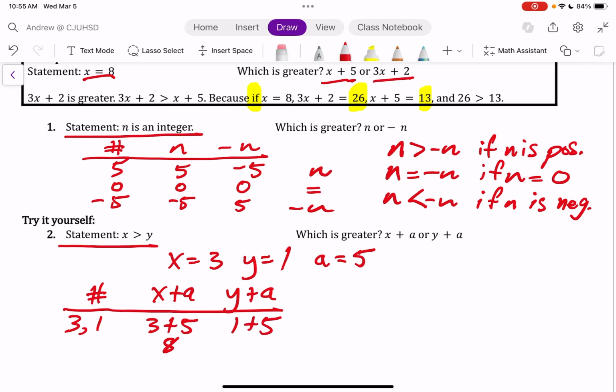So this is 8, and this is 6. So you can tell x plus a is bigger than y plus a. And that, of course, is the greater than symbol.